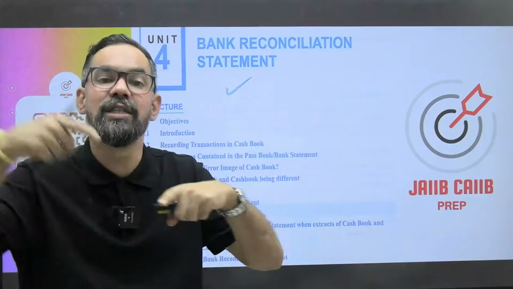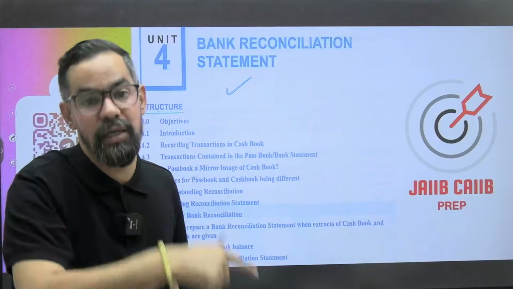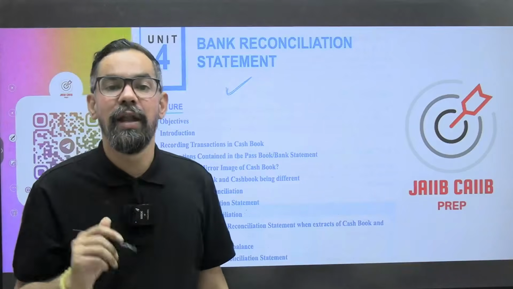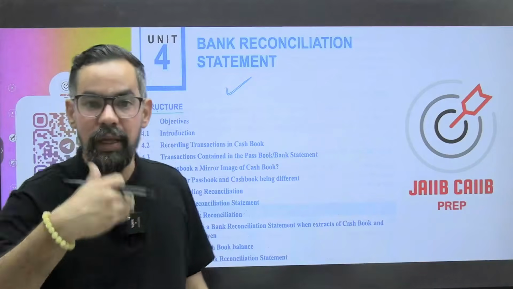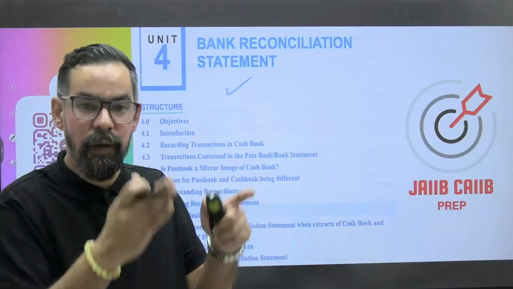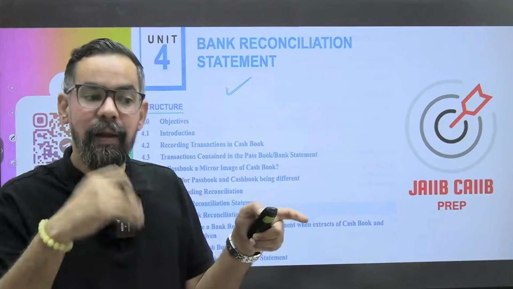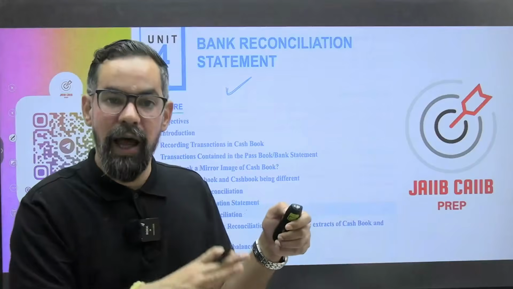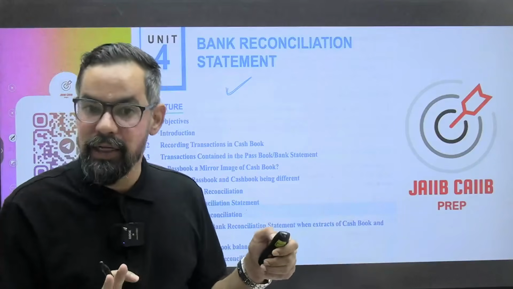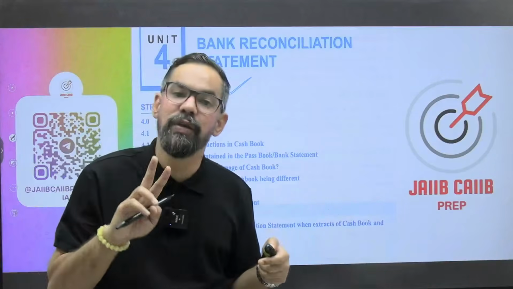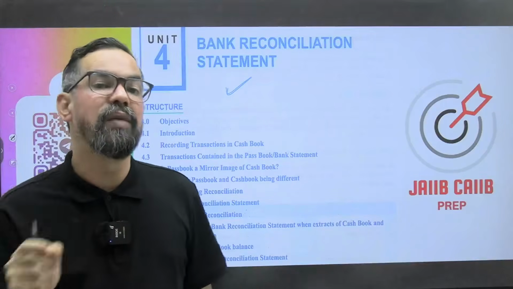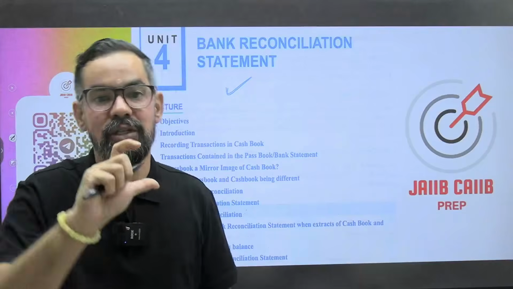Debit is favorable balance, credit is unfavorable balance. If the company is receiving money, they keep that at the debit side, and if the company is paying money, they keep that balance at the credit side. In passbook, there will be a reverse entry, because the cash book is generally known as the mirror image of your passbook. Mirror image means just opposite.